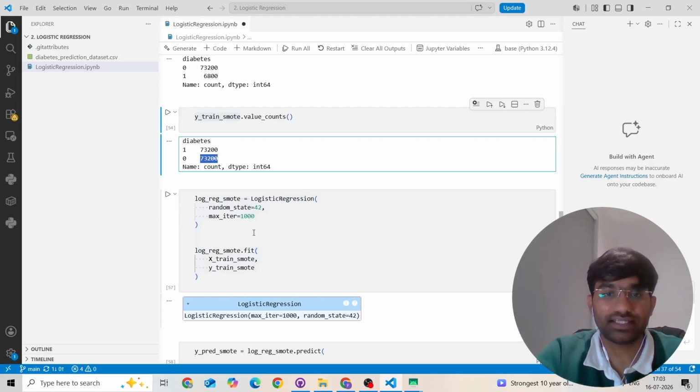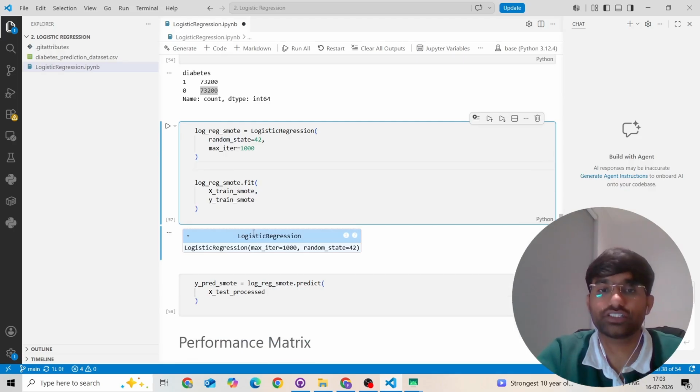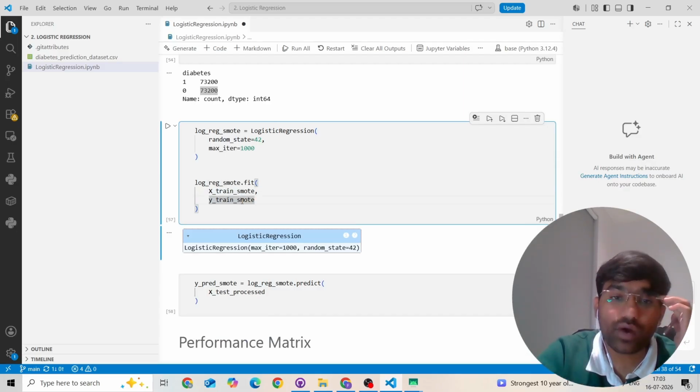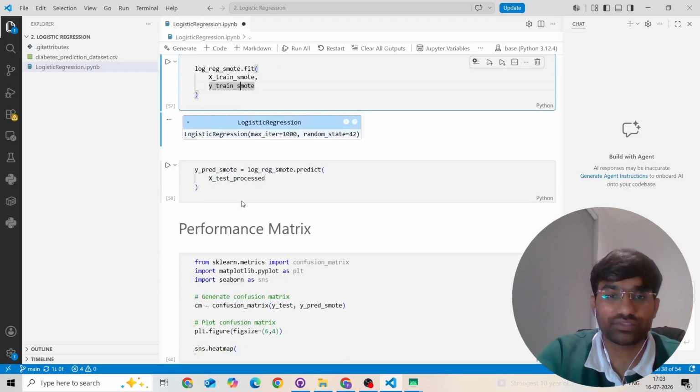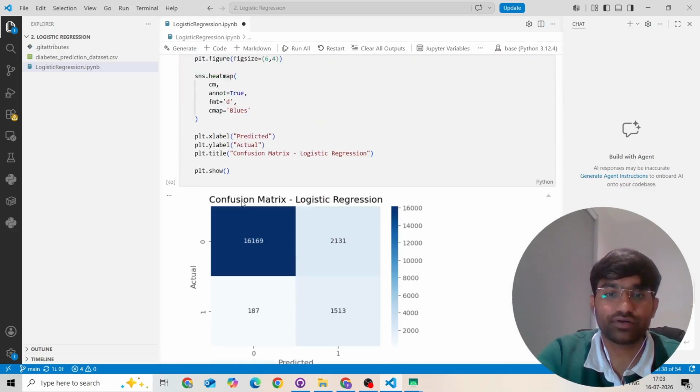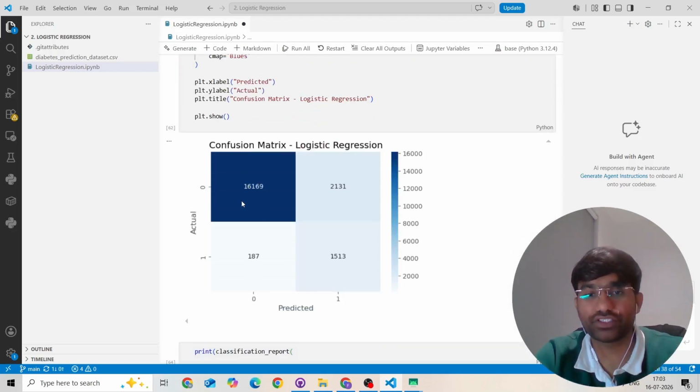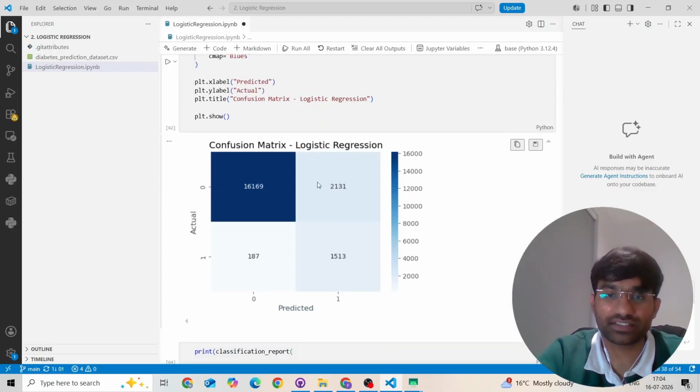So let me train this balanced data for the logistic regression. Let me fit it. We will repeat the same step, but here we don't use X_train. We'll use X_train SMOTE and y_train SMOTE. Once we fit the data, again I will do the confusion matrix. This is our false positive, 2131, right?